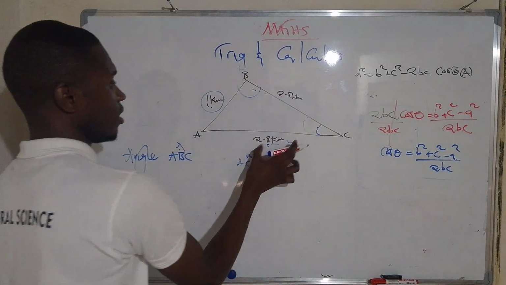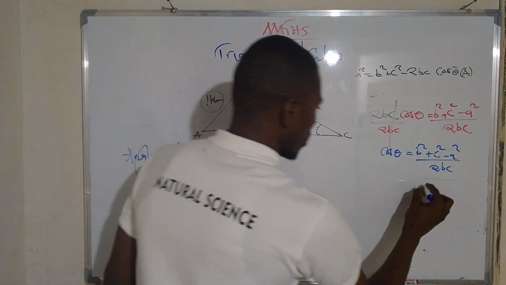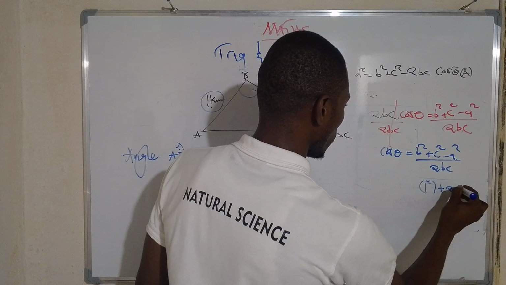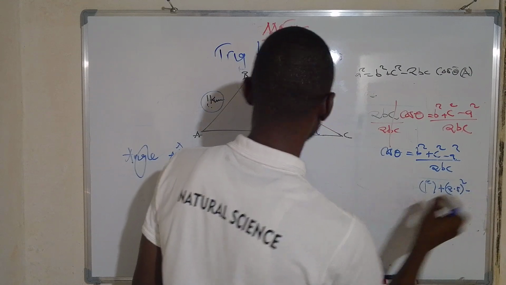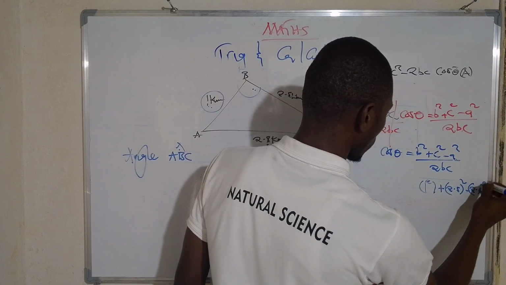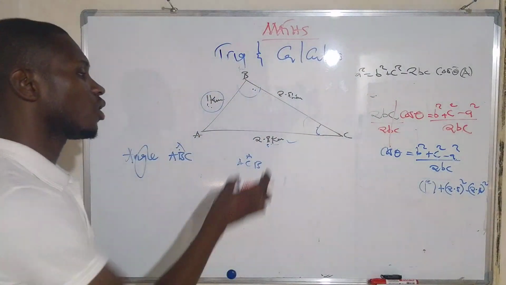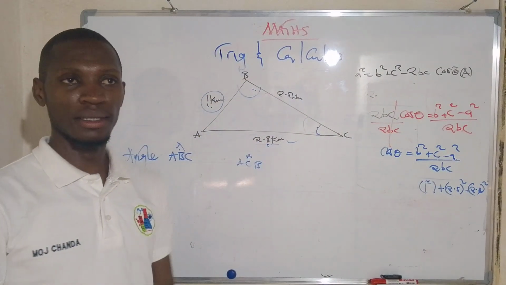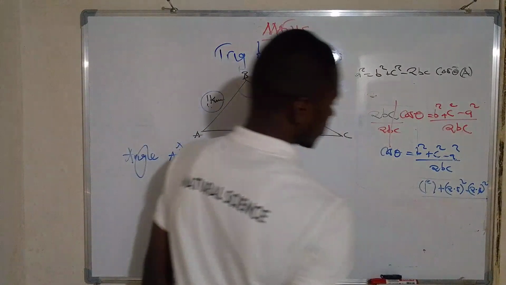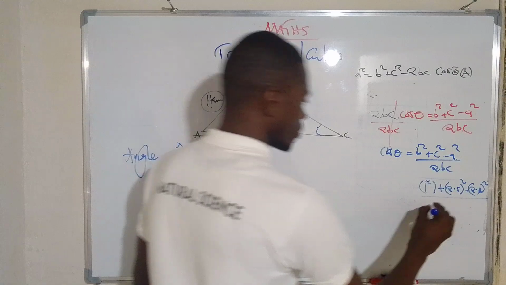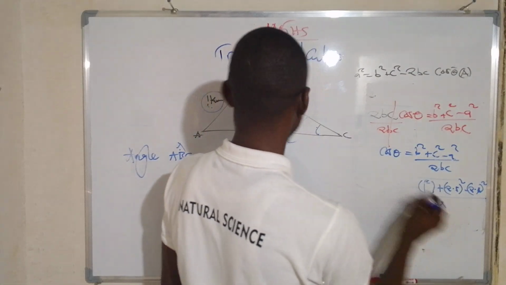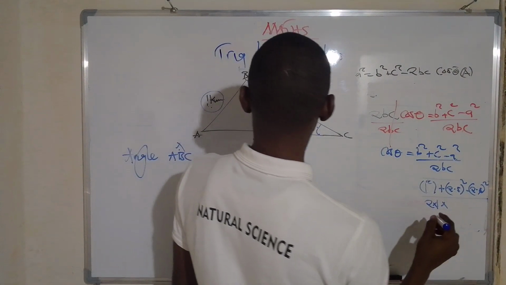Since you have that one, we'll say 1 squared plus 2.5 squared minus 2.8 squared. It's always that you subtract the biggest number. So the biggest number must be subtracted, then you divide by 2 multiplied by 1, multiplied by 2.5.